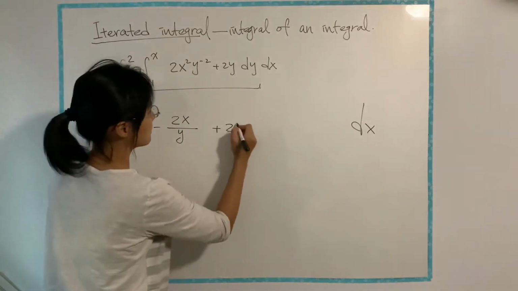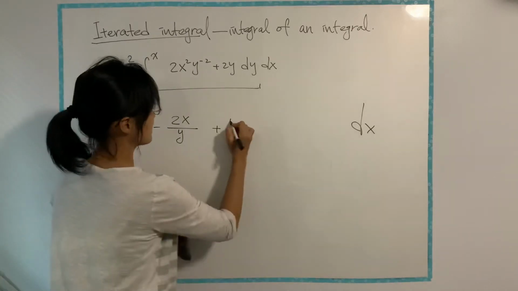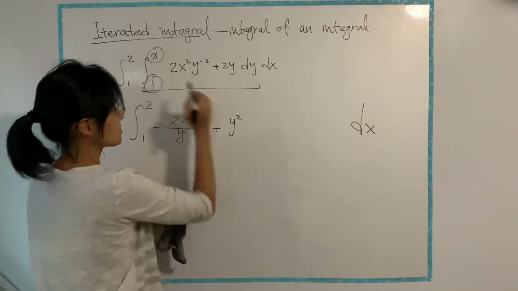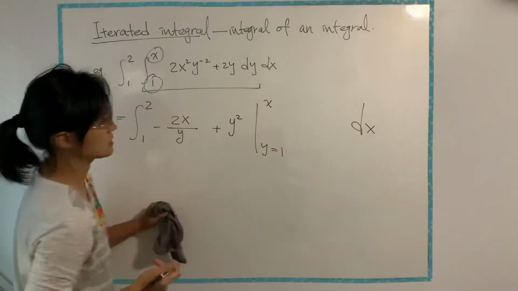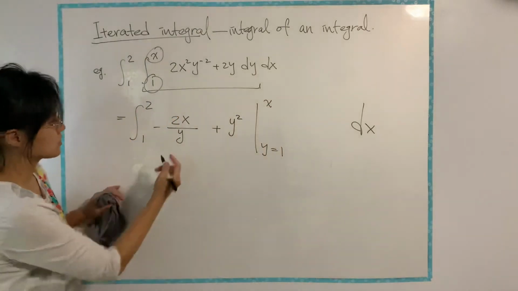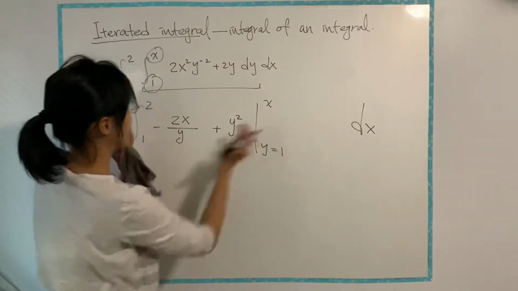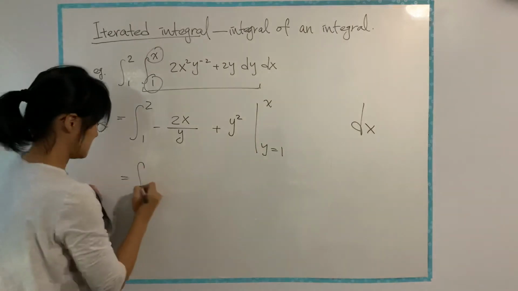Antiderivative of 2y is y squared. And this is a definite integral, so I'm gonna evaluate y at the lower limit and the upper limit. I'm gonna again ignore what I'm gonna do later and just focus on the first integral.